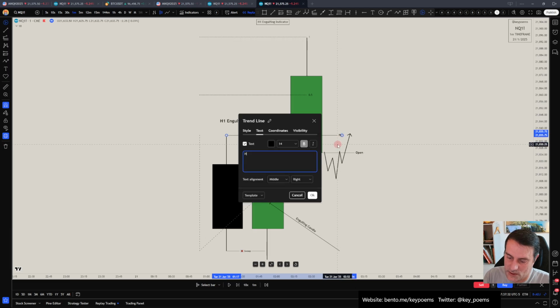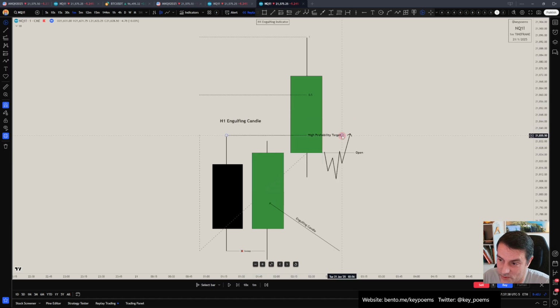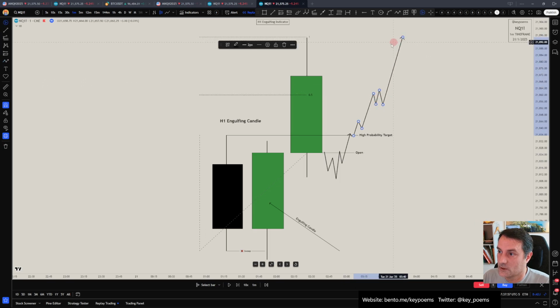This is the high probability target. Sometimes we even close above it. So how many times will we do this? And how many times, once we hit the high here, how many times will we expand to the statistically relevant targets that are some projections based on the length of this?